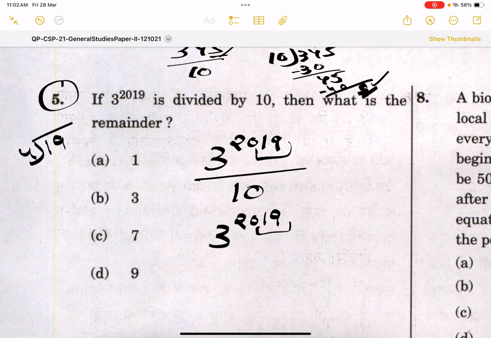So 4 3s are 12, 4 5s are 20, and 4 4s are 16. So the remainder is 3. So I'll give this 3 a power of, oh sorry, a power of 3, not 4, because the remainder is 3.